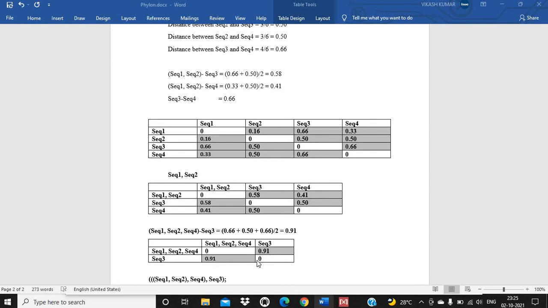It has 0.91, so sec3 is distantly related. So sec3 will not be combined.